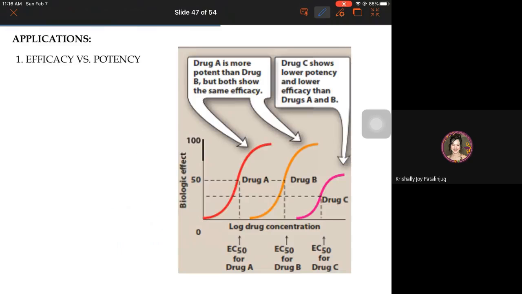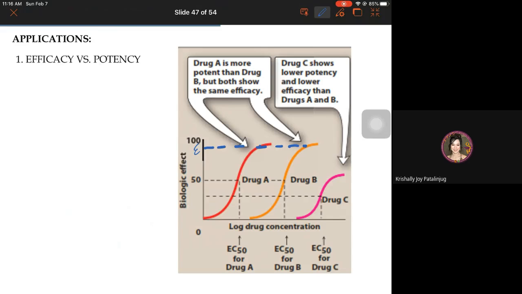Okay, let's have another example. We have drugs A, B, and C again, but this time with a different curve being plotted. For this given example, drugs A and B have the same measure of efficacy.